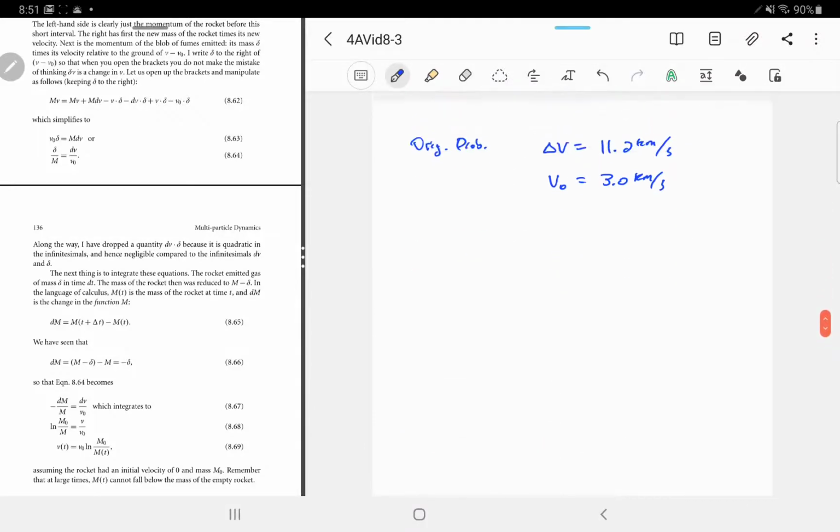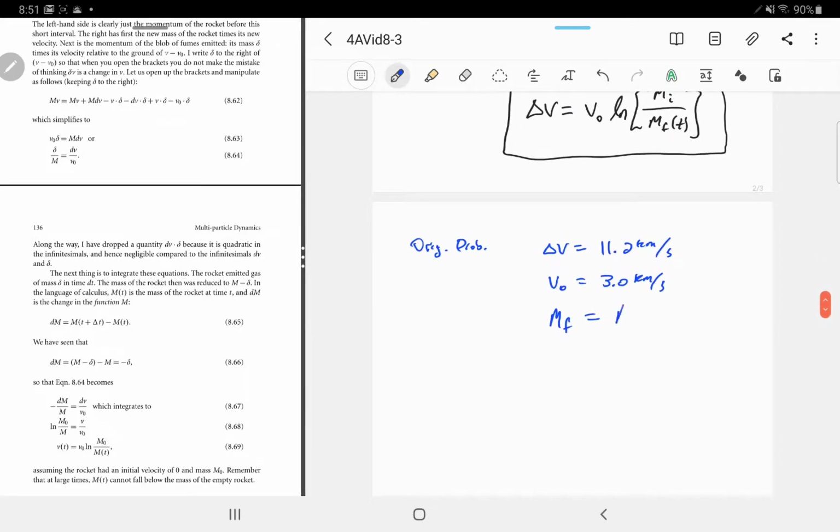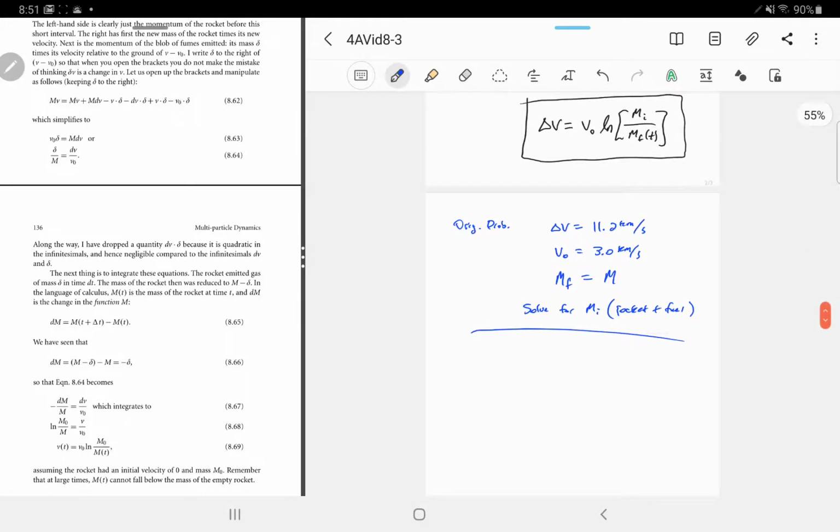So it's the final mass that's just the mass of the rocket without any fuel. Okay, so we're going to solve for m initial, given that m final is just m. We're going to solve for m initial, which is the rocket plus fuel mass. Okay, so plugging those things in, it looks like 11.2 kilometers per second divided by 3.0 kilometers per second. I didn't even write the units because they cancel out when you take that ratio.